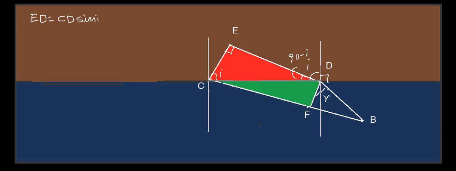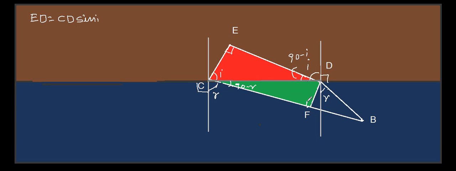This is R and this is also R. Since this angle is 90 degrees, this angle equals 90 minus R. And this is perpendicular, 90 degrees. Therefore, this is 90 minus R, then this is R.